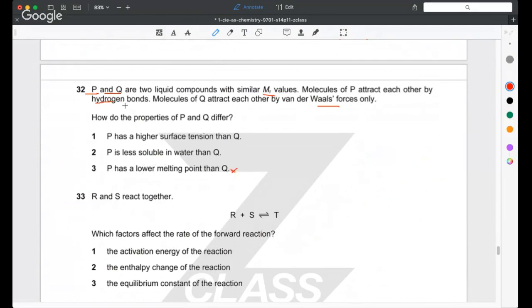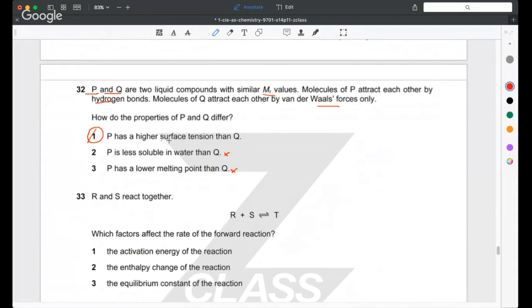And anything with hydrogen bonds is highly soluble in water because the molecule itself can form new hydrogen bonds with the water molecules. So we would expect P to be more soluble in water than Q. So that's not right.